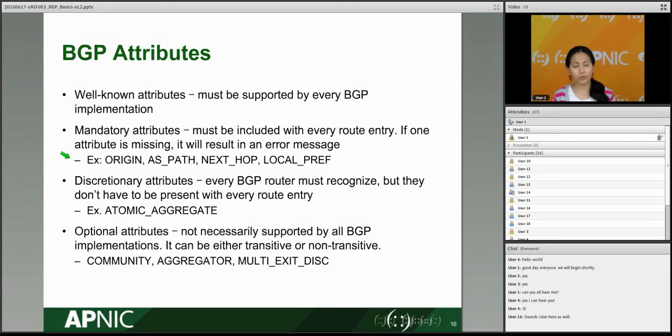Now, another important thing to understand with BGP is attributes. Routes that are learned via BGP have associated properties. They give you extra information. They give you the IP prefix. They give you information on how to get there via the AS path. They give you a few others, like where did this come from? Where is the origin?